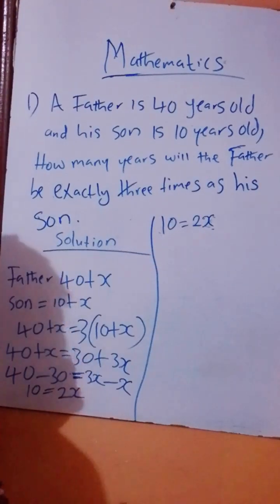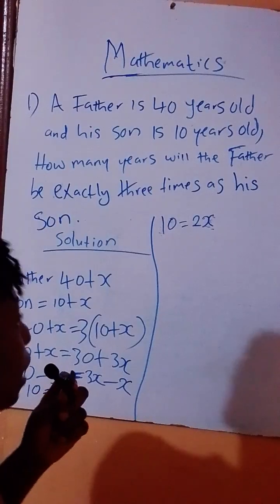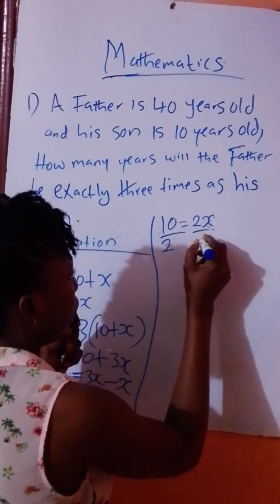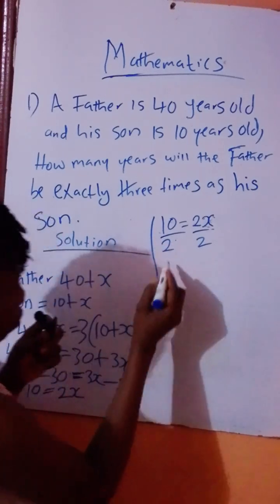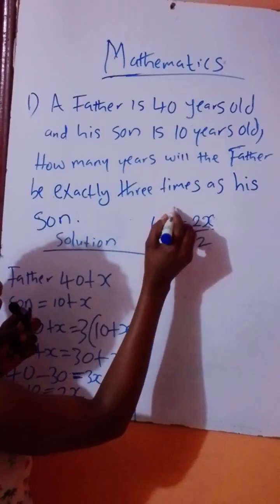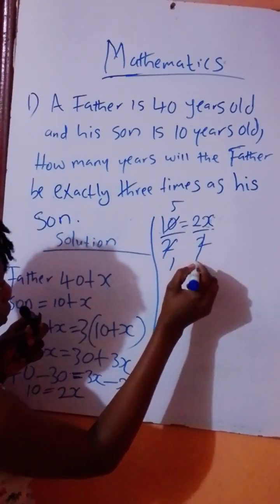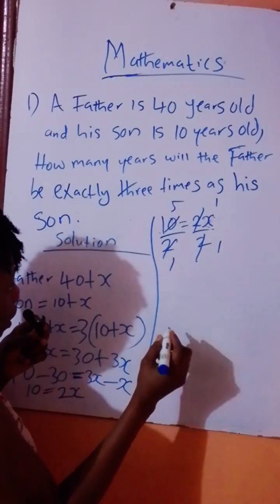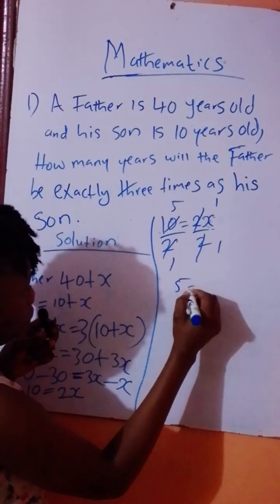The next thing we are going to do is divide both sides by 2. 2 over 2 is 1, and 10 divided by 2 is 5. That means we are left with 5 equals S.